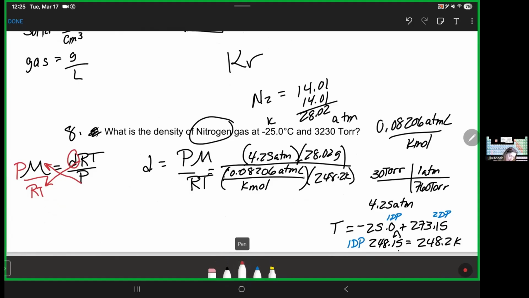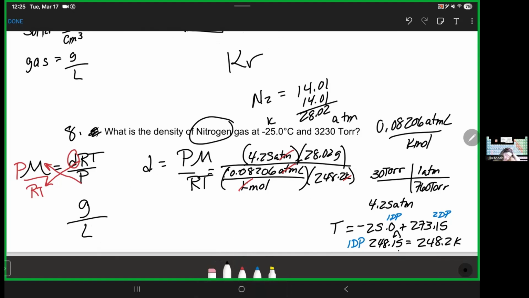If you look at all of this, your atms cancel, your Ks cancel, your liters cancel somewhere. Oh, no, we're looking for density. Density is grams per liter.